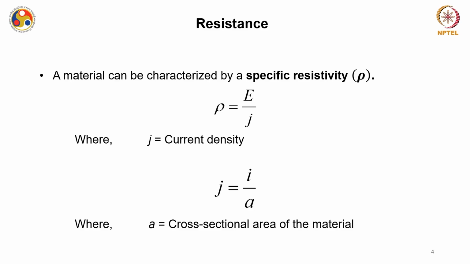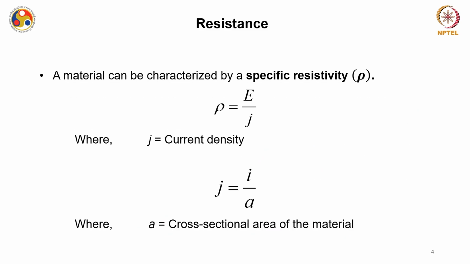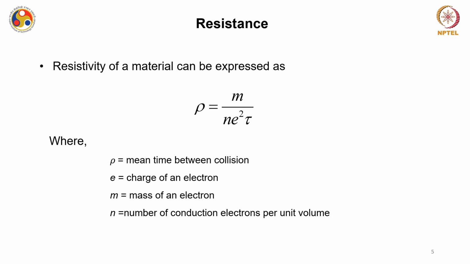As it comes from this equation, sigma is J by E, and as I mentioned that rho is 1 by sigma, resistivity is E by J. J is the current density, and density means current per unit area. So if I have to calculate the current density for a wire of cross sectional area A, I can write J is equal to the current divided by the cross sectional area, or I by A.